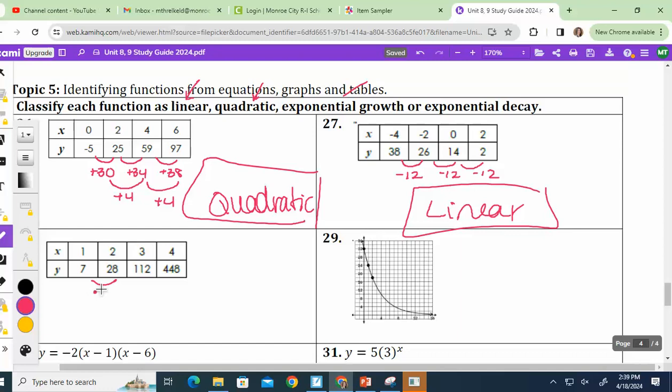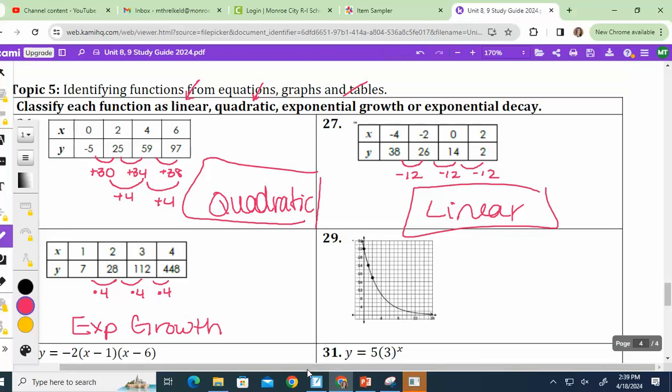This is times 4. If you do 28 times 4, does it give us 112? And 112 times 4 is 448. So this is exponential. To decide growth or decay, we're just looking at whether the y is getting bigger or smaller. Bigger, so that's correct.